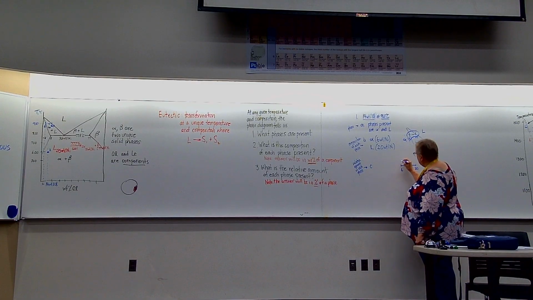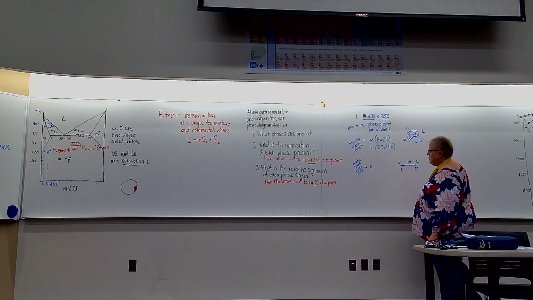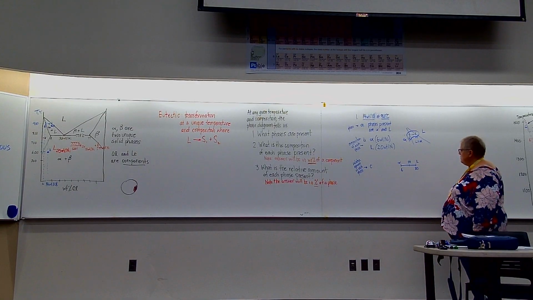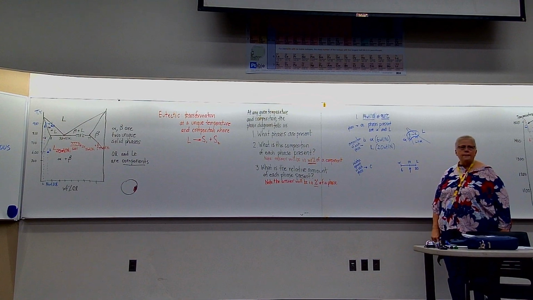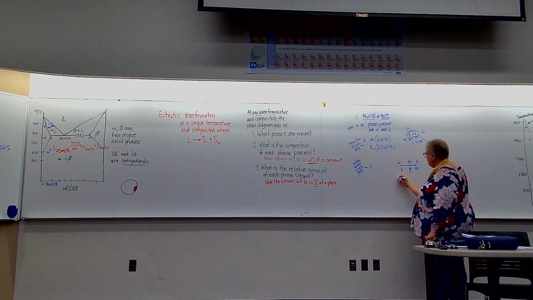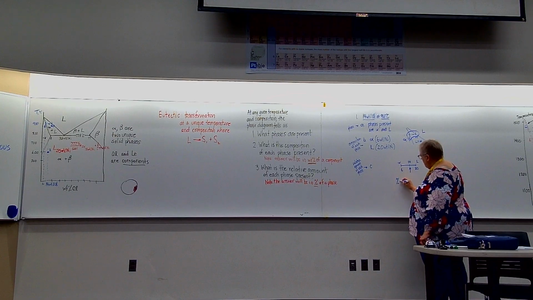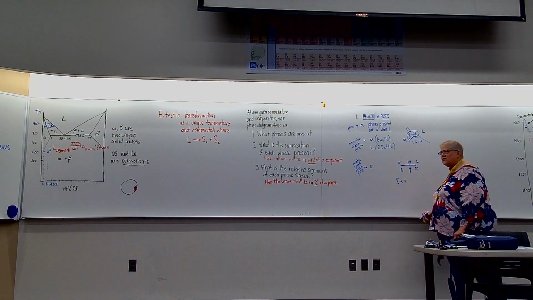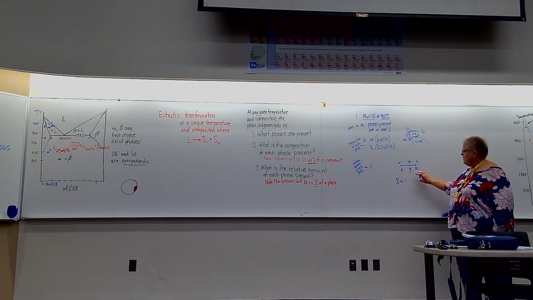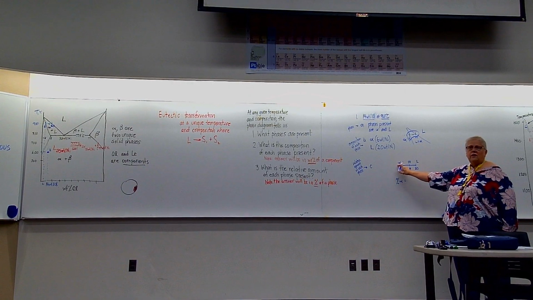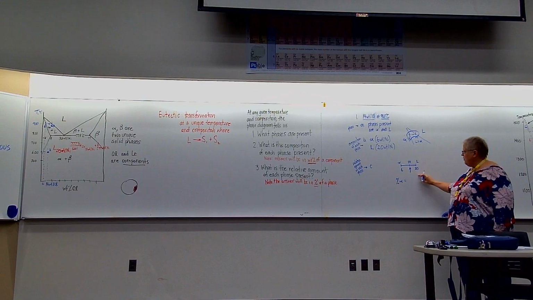And this 6 is alpha, this 20 is liquid. 14 is what my alloy is, and it's kind of like, we'll say it's kind of like a fulcrum. So the percent alpha is equal to, this is called the lever rule for a reason, because we're going to take the length on the opposite side of the lever from where alpha is. So there's alpha. We're going to want this length.